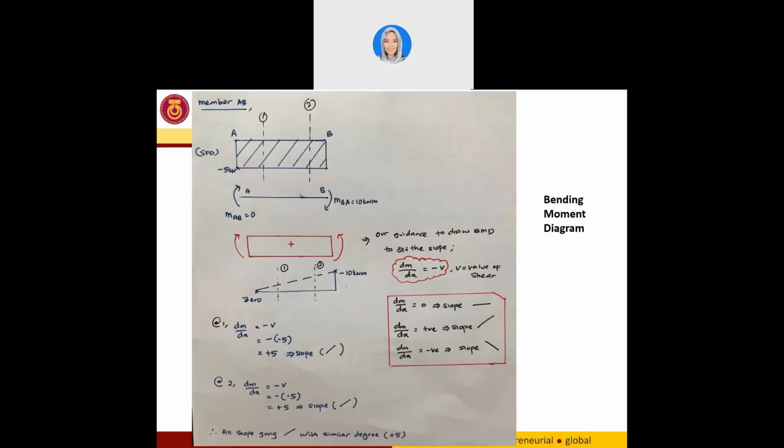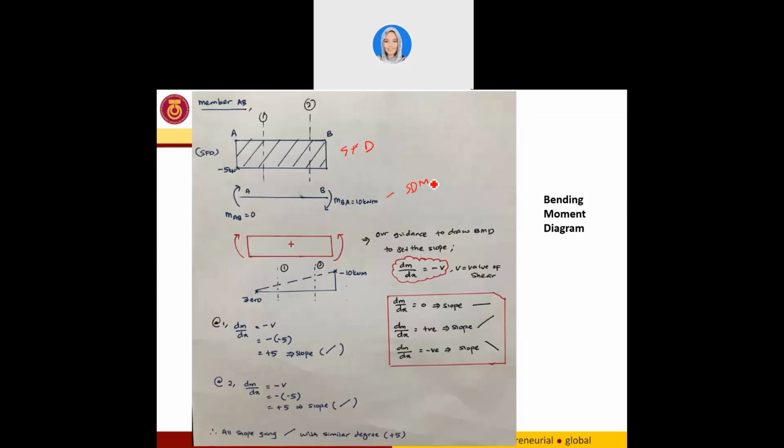Okay, so you have member AB, and this is your shear force diagram for member AB. So this is your end moment for member AB. So you have 0 for MAB, and also for MBA you have 10 kilonewton meter. So this one you have already calculated using your slope deflection method equations.